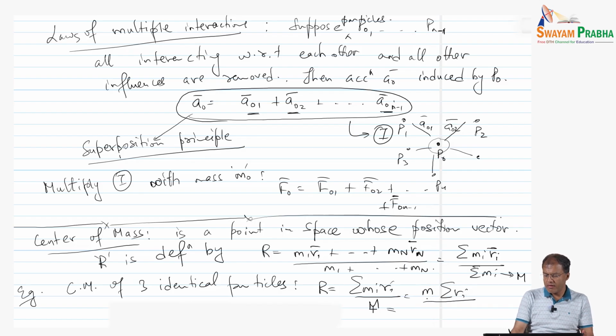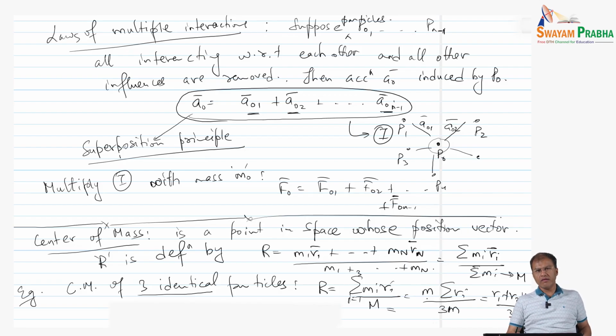It is three identical particles, so i will be from 1 to 3 and capital M is 3m, 3 small m. So we see that the final answer is devoid of any mass in the system, right? So for identical masses, we should not get any mass in this formula for center of mass.